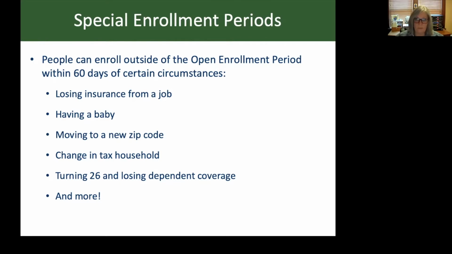If you have a baby, or if you move to a new zip code, or if there's some significant change in your tax household, or if you are a young person who turns 26 and you are now losing the coverage that you had through your parents' health insurance, you will qualify for a special enrollment period.